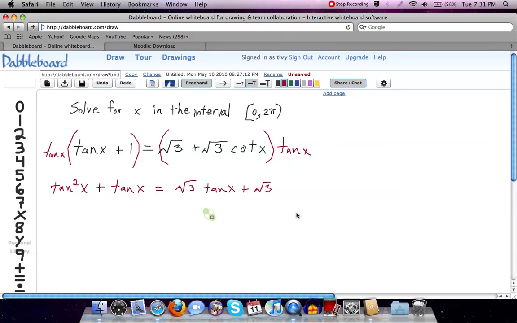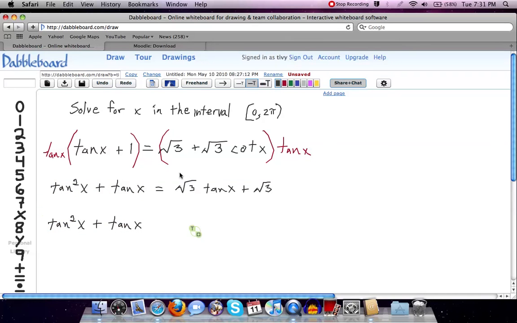Okay, so what I'm going to do, let me change the color. I'm not crazy about the red. So what I want to do is basically subtract this right-hand side. A nice feature of this program that I'm using called Dabbleboard is I can make copies.